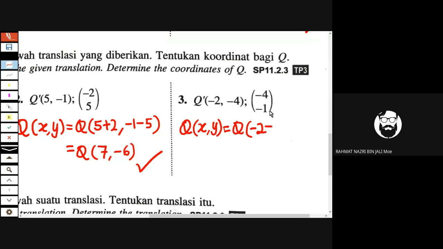Tolak 4, dia akan jadi tambah lah. Kemudian tolak 1, dia akan jadi tambah. Saya simplify terus. Jadi Q, which is object, 2, negatif 3.